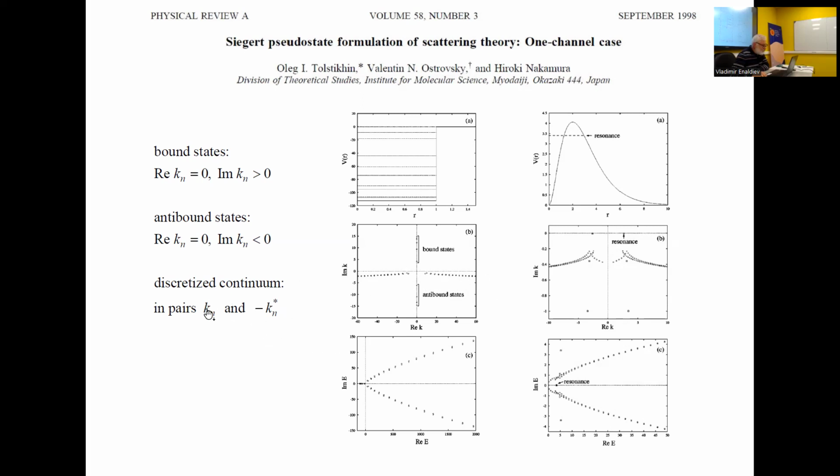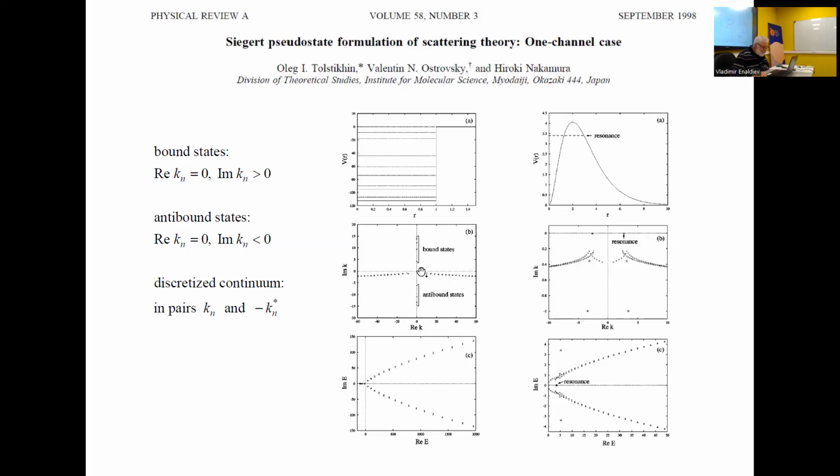And they appear in pairs. For each kn from here, there is minus kn star here. Among this sequence, there may appear a root which lies close to the real axis. This root will represent a resonance state.